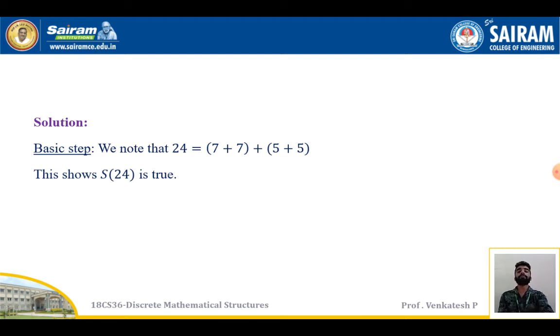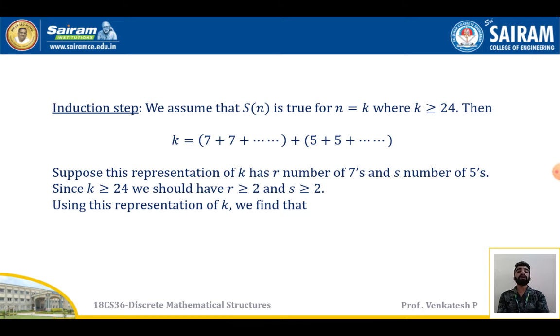Now in the induction step, we assume that S(n) is true for n equal to k, where k is greater than or equal to 24. Then k can be represented as 7 plus 7 and so on, plus 5 plus 5 and so on. I am taking this as r number of 7s and this one as s number of 5s.